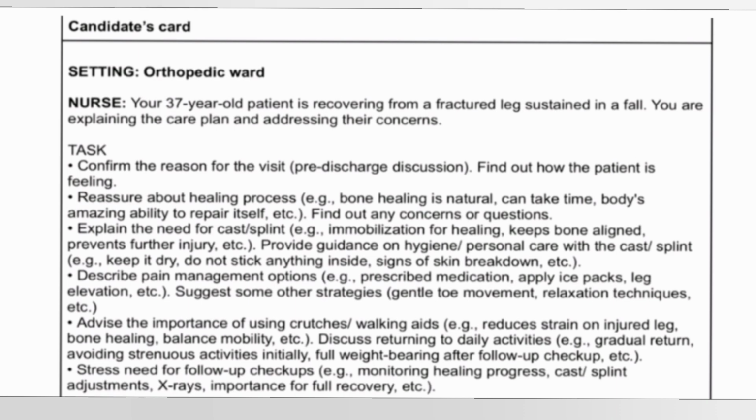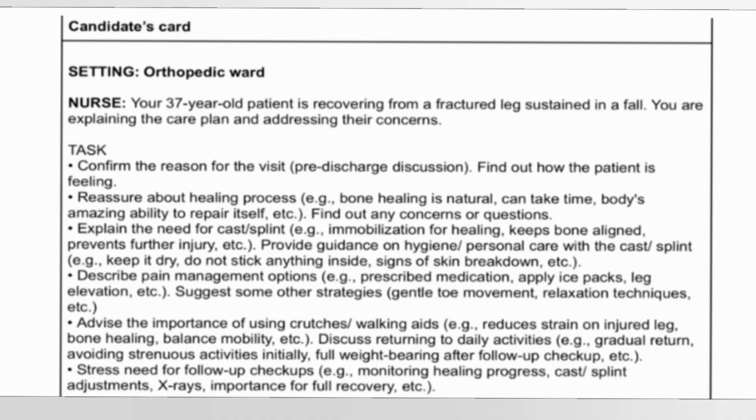Here the patient is in the recovery phase, so the patient will be discharged. As a nurse we have to explain the care plan to the patient as well as address the concerns the patient has. Then next is the first task. The first task is based on confirm.